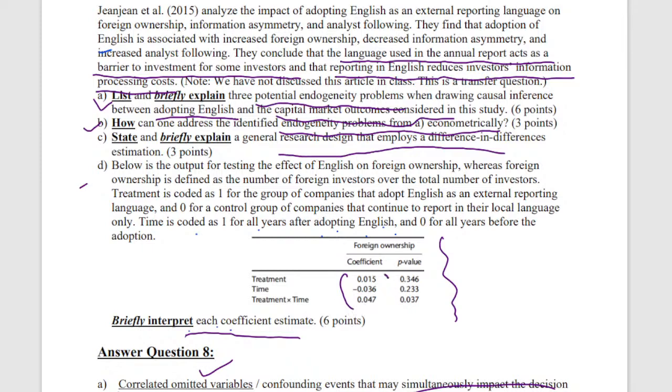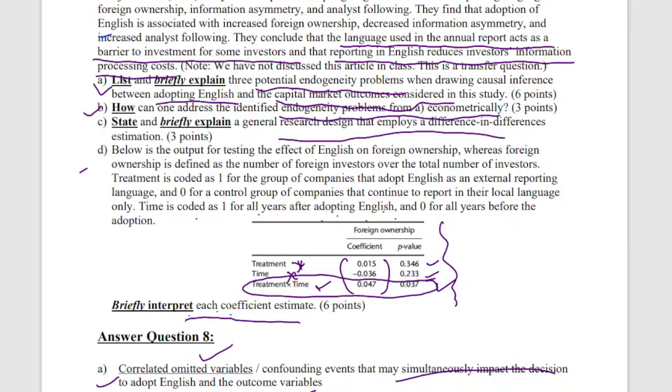You can see the p values of these coefficients are higher than the significance level, so these are not statistically significant. The only thing that is statistically significant is the difference in difference estimator, which is less than the significance level. So this is the only statistically significant variable.